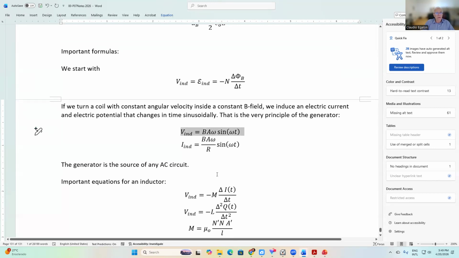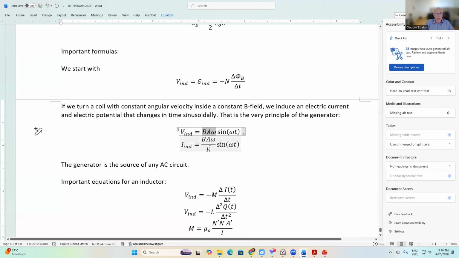We derived that the induced voltage of a generator is given by this equation. BA omega is a constant. So this voltage that you see here is going to have a peak value given by this relation that you see right here. Okay, so it's like a sinusoidal curve.